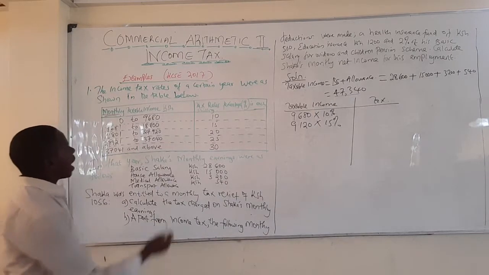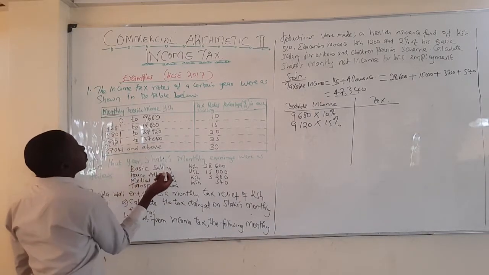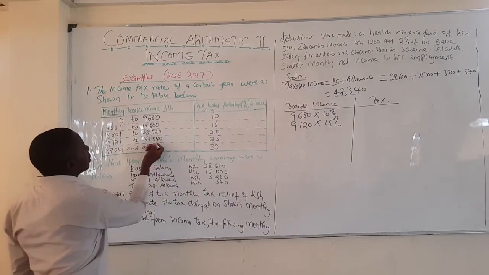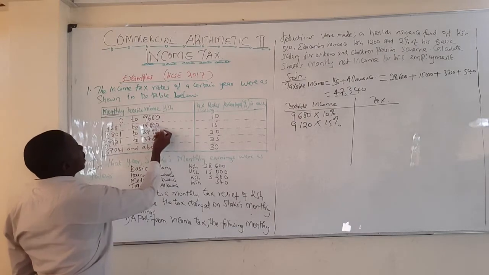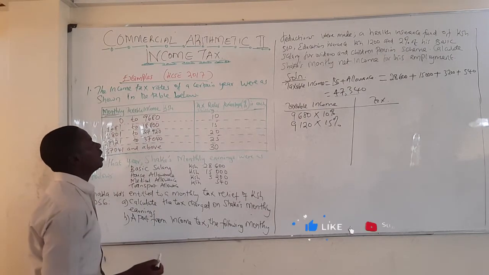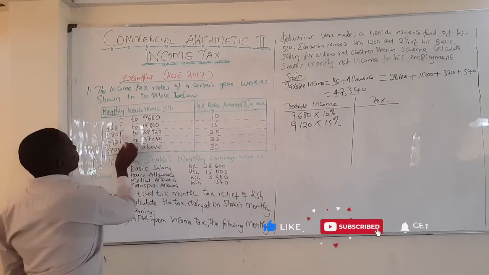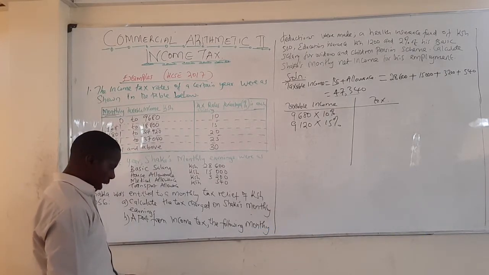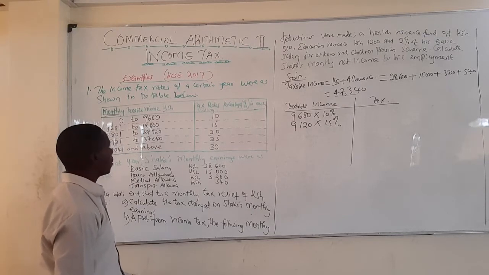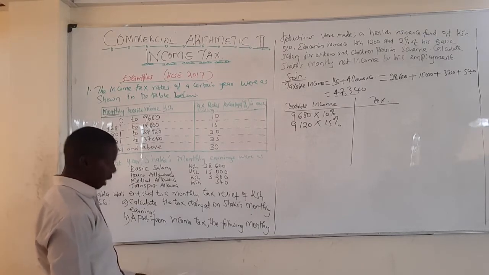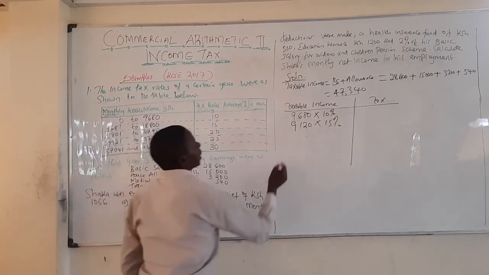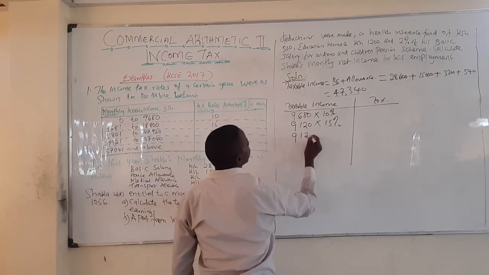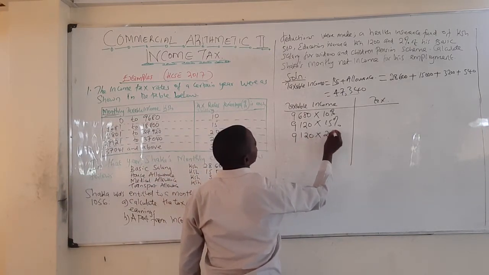Then in the third bracket, we do the same. We get 27,920. We subtract 18,800 to see what you are supposed to tax in that bracket. We're going to find the same figure as the second bracket, 9,120 times 20%.